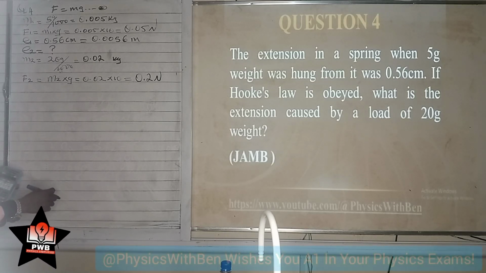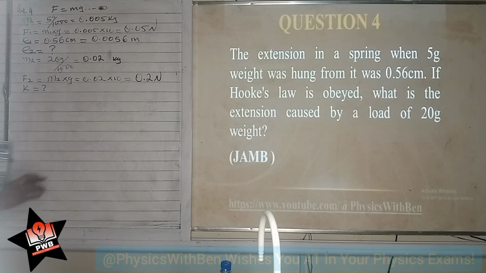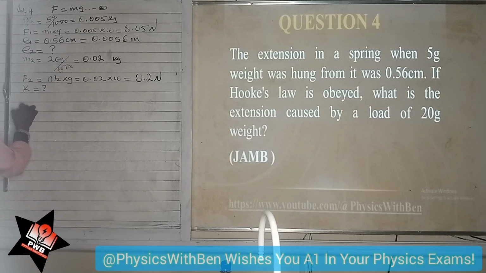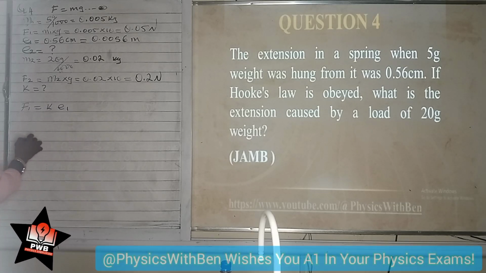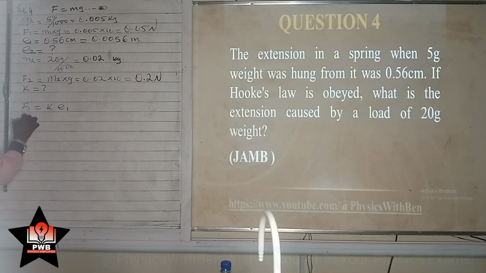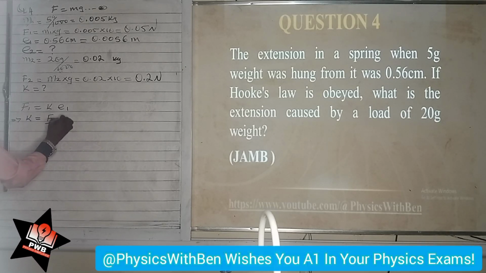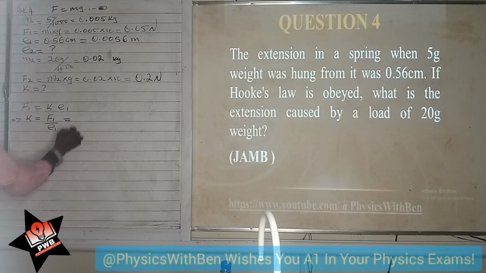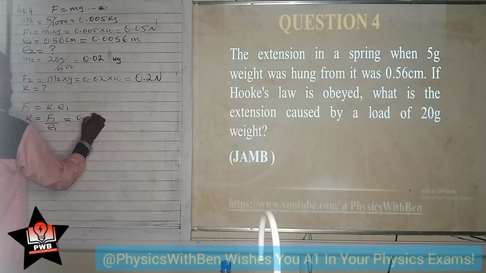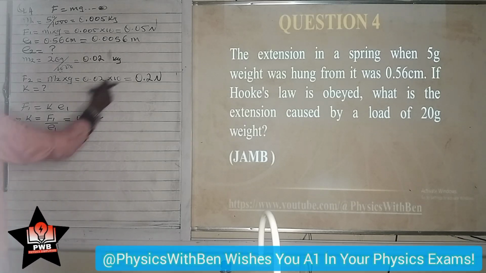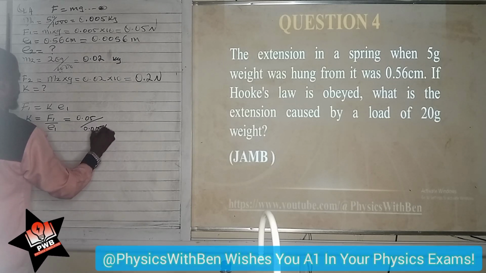So we are going to find the stiffness of the material. The K is not given. So we write that F1 is equal to K E1. This implies that K is equal to F1 divided by E1. By substitution, F1 is 0.05 divided by E1, which is 0.0056.